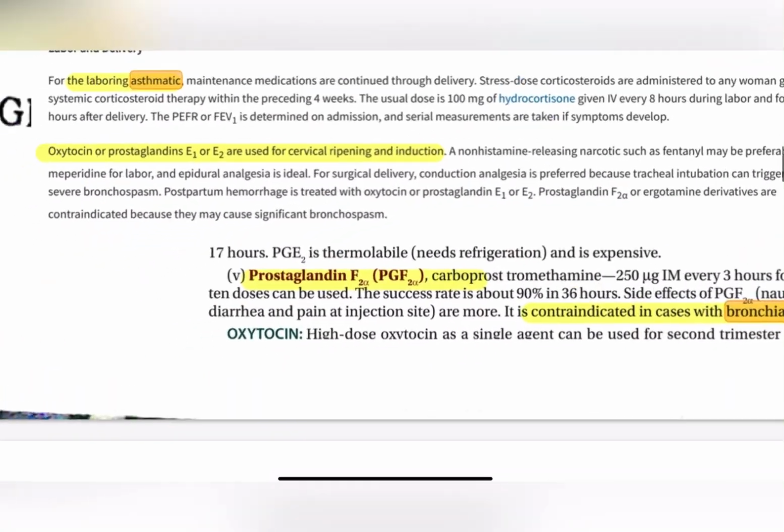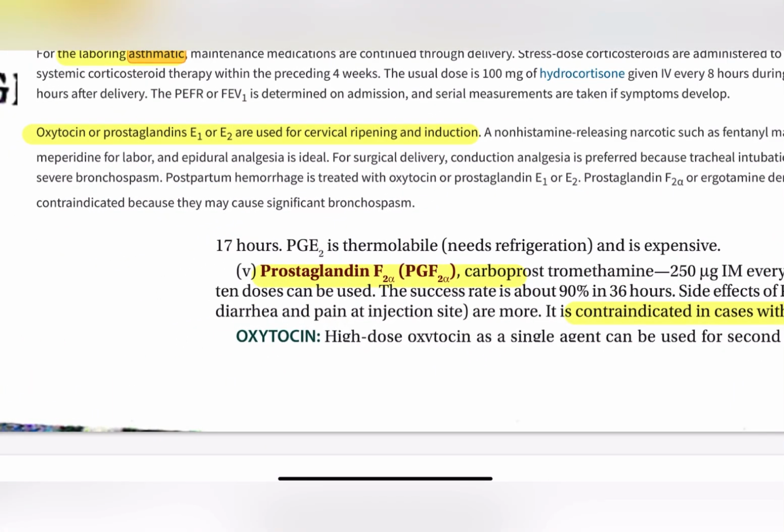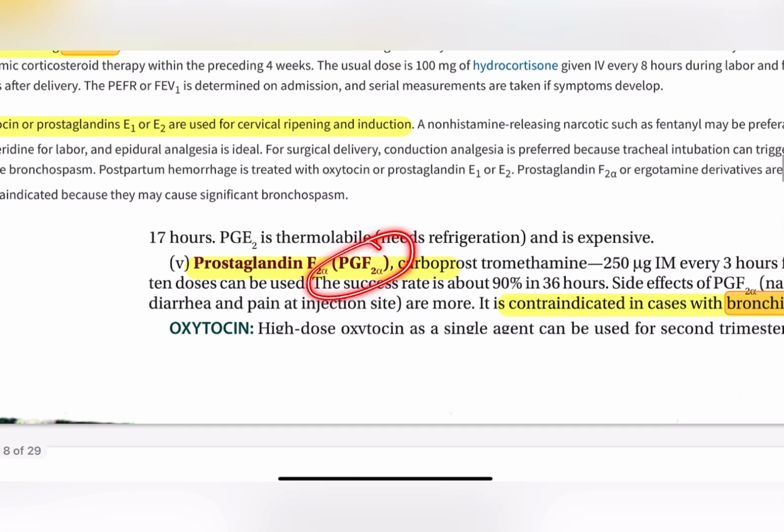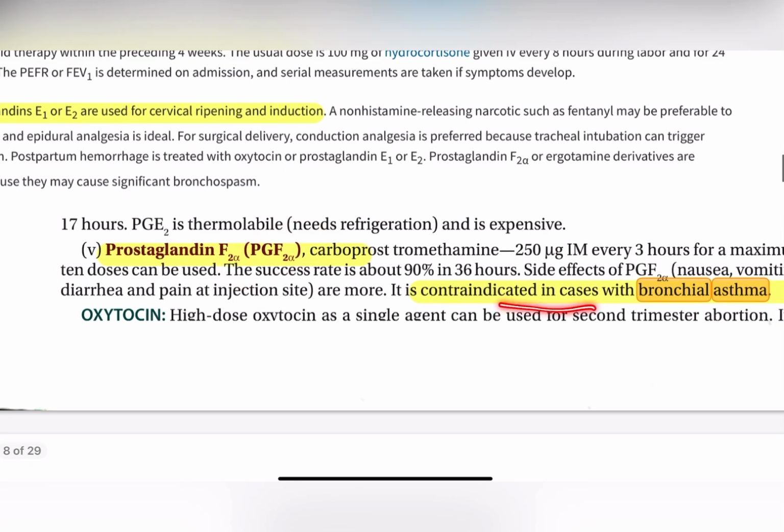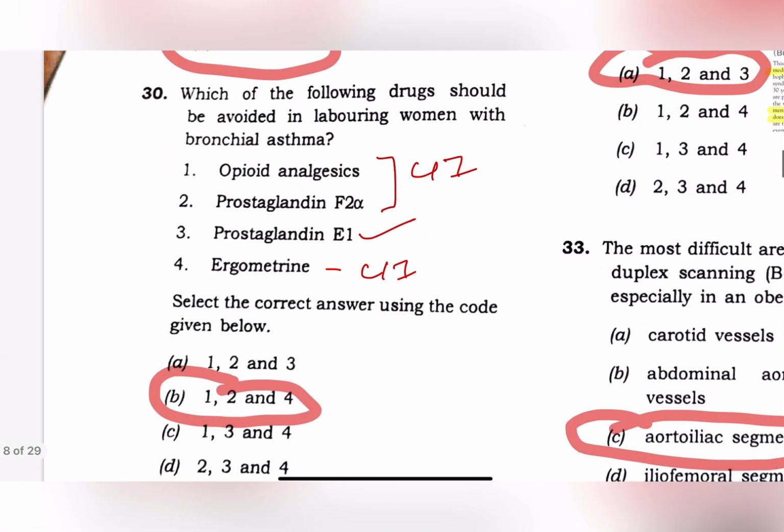In bronchial asthma what we can use is oxytocin, prostaglandins E1 or E2, while prostaglandin F2 alpha is contraindicated. Opioid analgesic is contraindicated, and ergometrine. Only E1 can be used. So 1, 2 and 4 should be avoided.